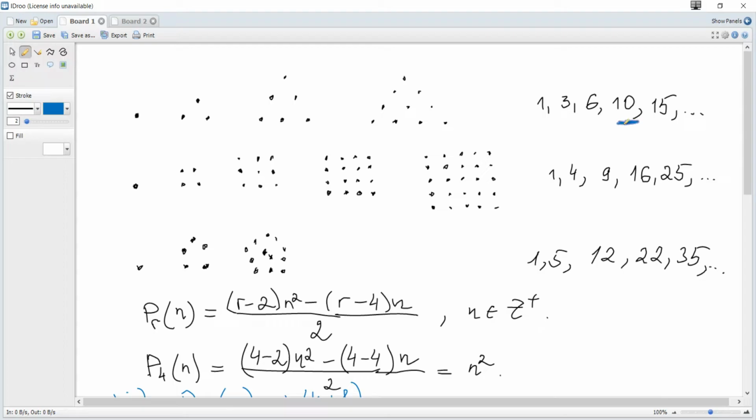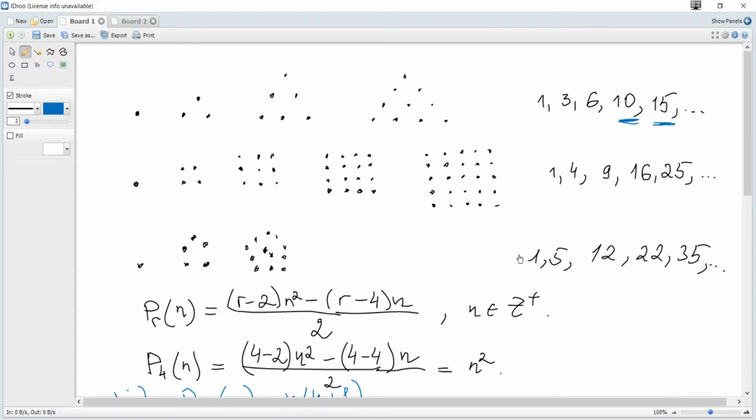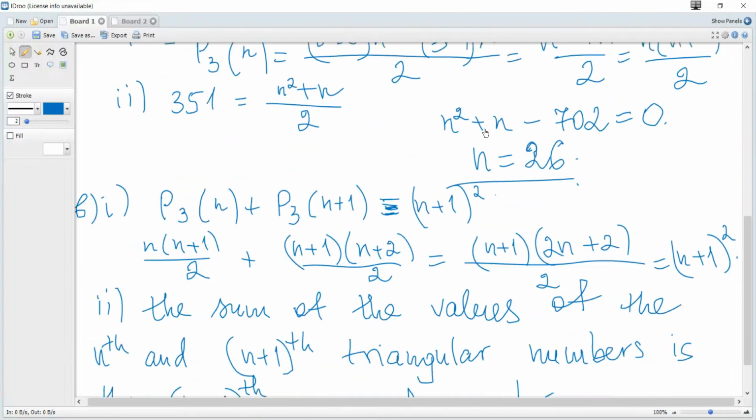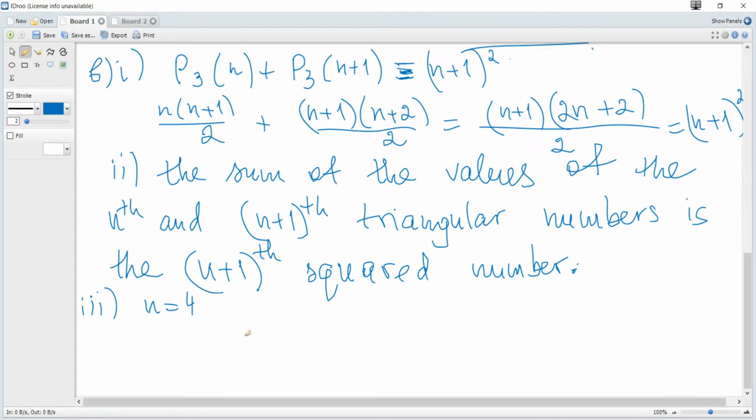The 4th is 10, and n plus 1 means the 5th, which is 15. So according to this identity, 10 plus 15, the sum of values of 2 consecutive triangular numbers, is equal to the square of the greater number, which is 5 squared. It's 25, and we need to illustrate it.